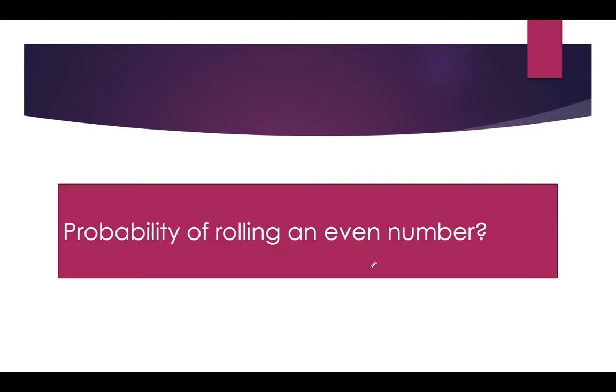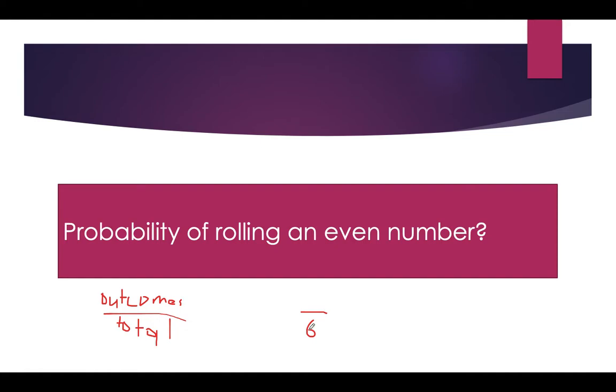Next, I want to know the probability of an even number. So if I'm thinking still about my outcomes over the total number of possibilities, that is still 6. There's still 6 things that could happen, so it's still going to be over 6.